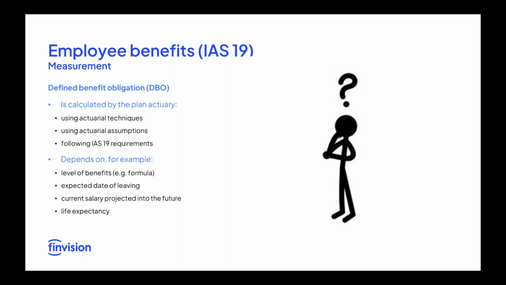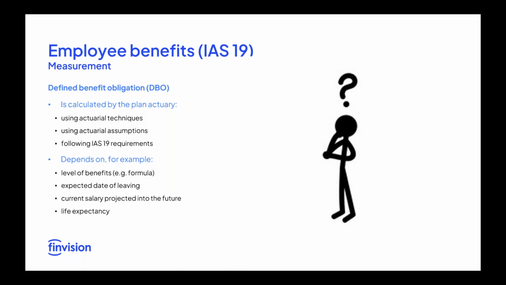So the defined benefit obligation will depend on the assumptions you use, for example the discount rate, but it will also depend on the benefits. If you look at the Belgian plan with the minimum guarantee, I think this is quite a simple one, but you can have more complex benefits with several levels and a complicated formula for the amount that you'll receive at the beginning of your retirement.